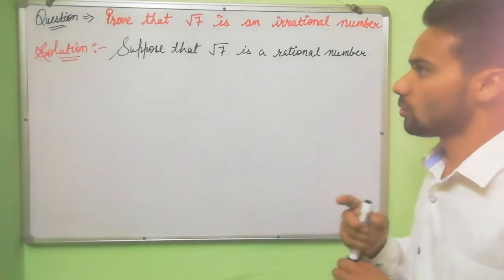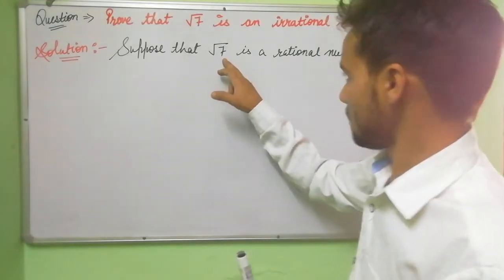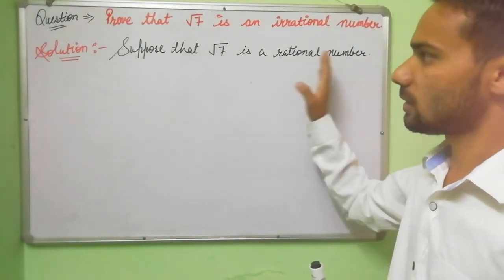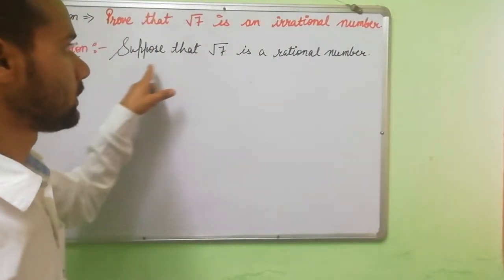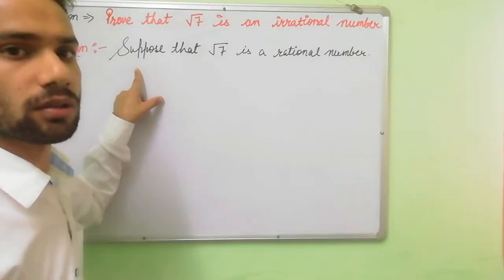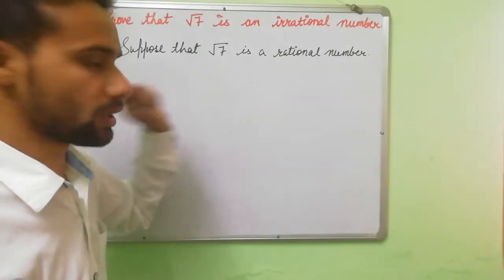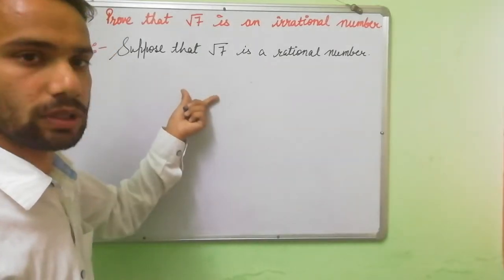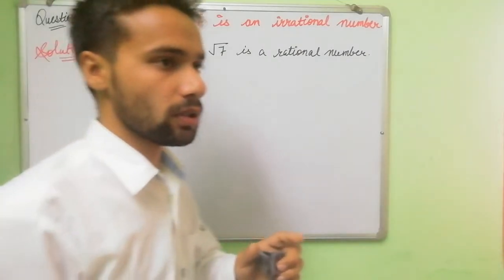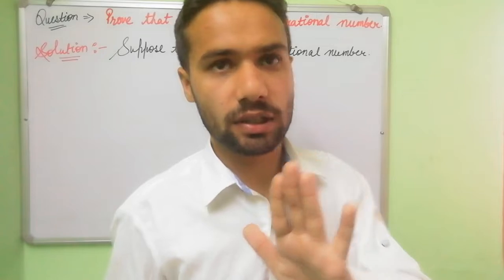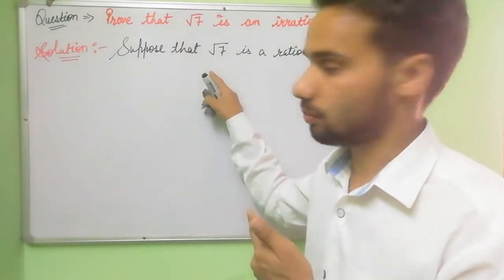Getting it? So after supposing this number is a rational number, now I will write here that this number is equal to a rational number, meaning I put a upon b, p upon q, q upon p, whatever you want. Sometimes students get confused here. They write p upon q.